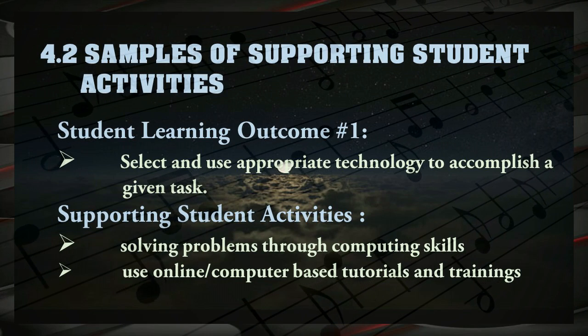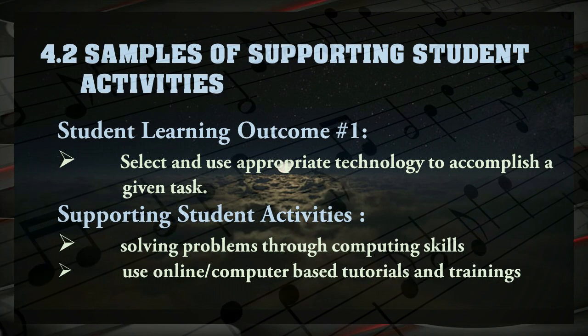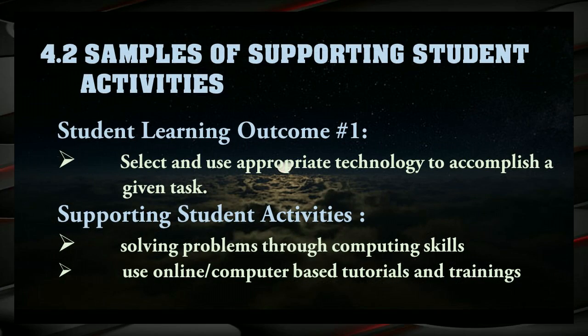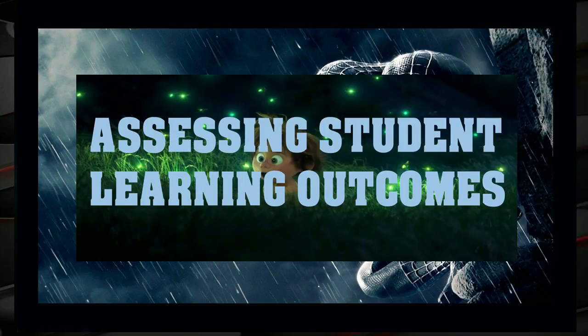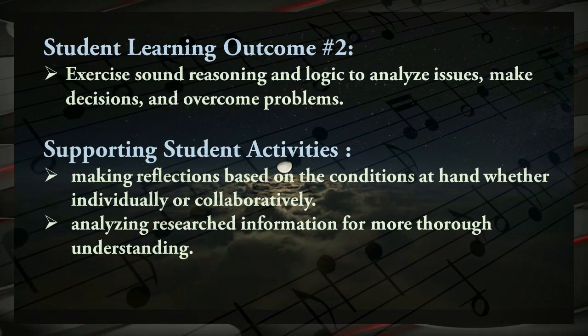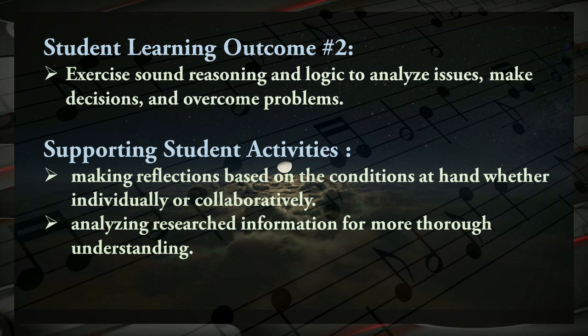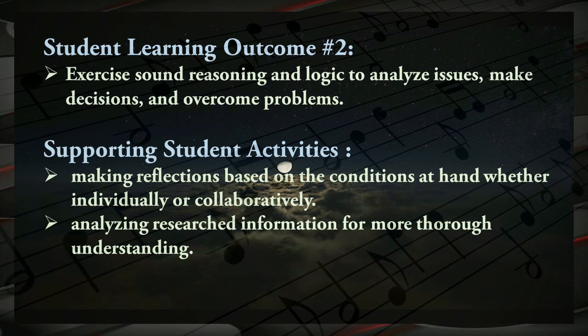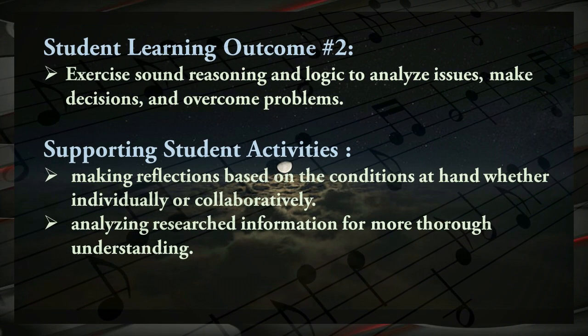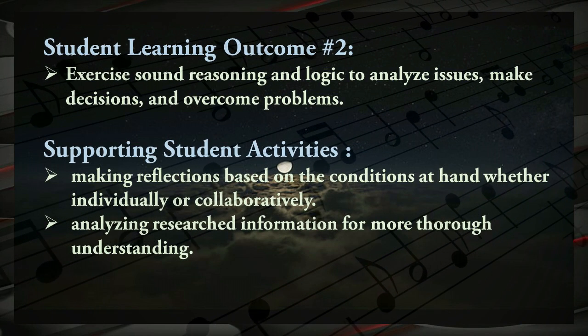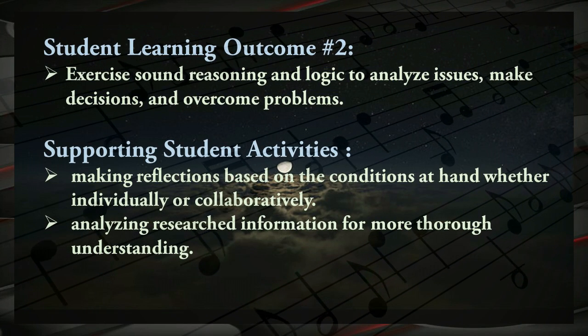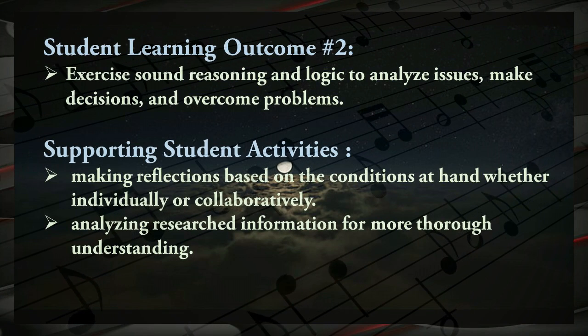Therefore, supporting student activities must always be aligned with the student learning outcomes. We have example student learning outcome number 2: exercise sound reasoning and logic to analyze issues, make decisions, and overcome problems.